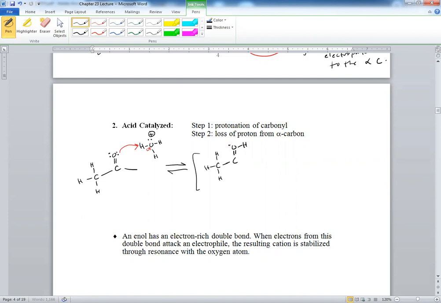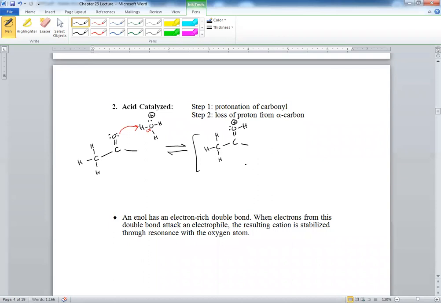So remember, protonating the carbonyl oxygen makes the carbon more electrophilic here, but there's no attack, so you can't attack it because you have water. But what's going to happen now is the water, obviously, is going to act as a base and deprotonates one of the H's.